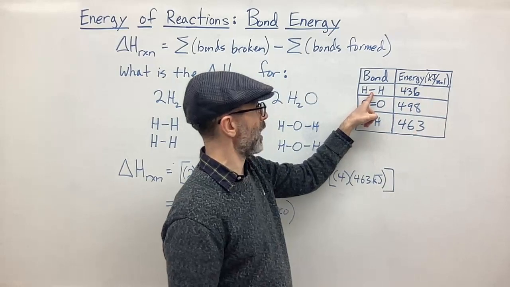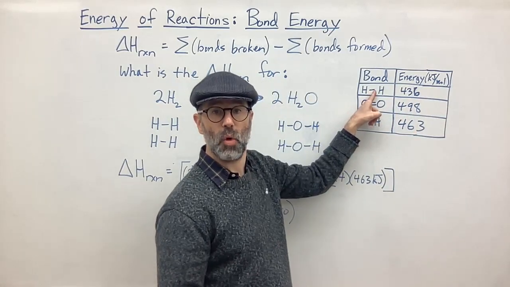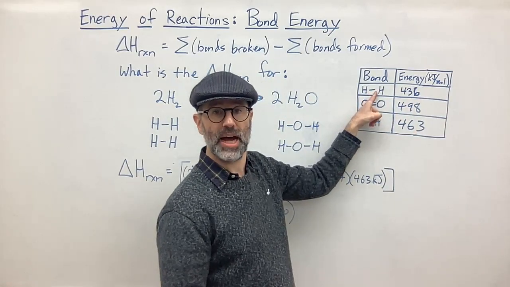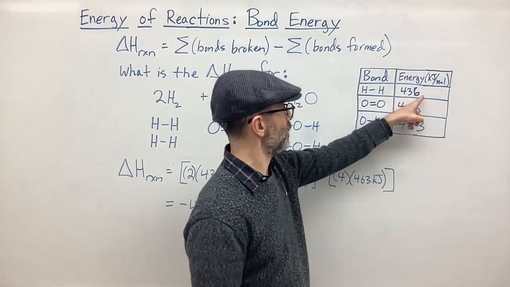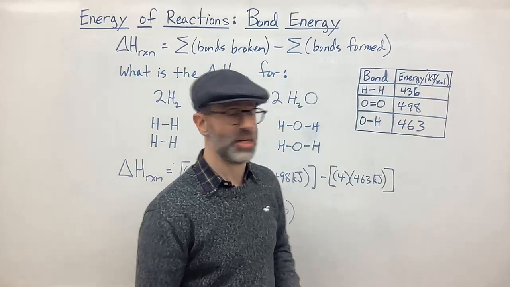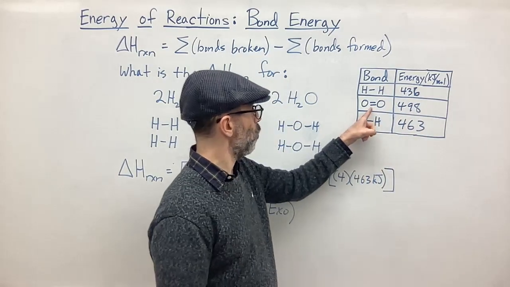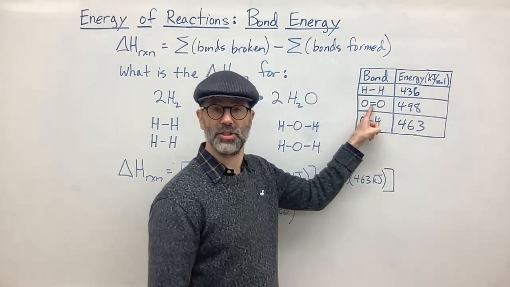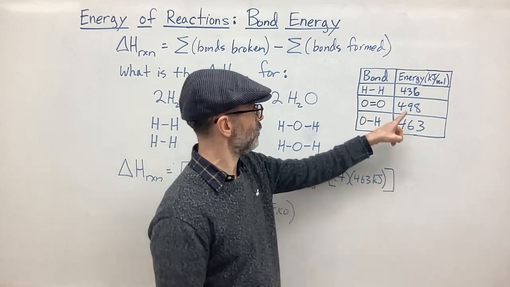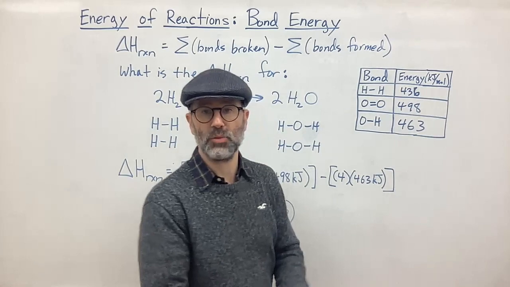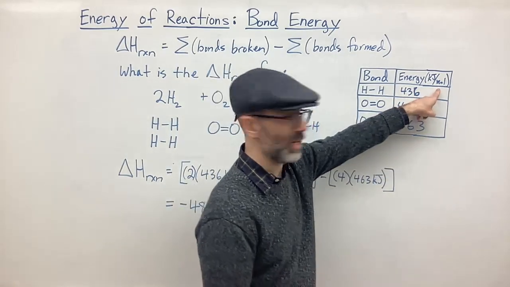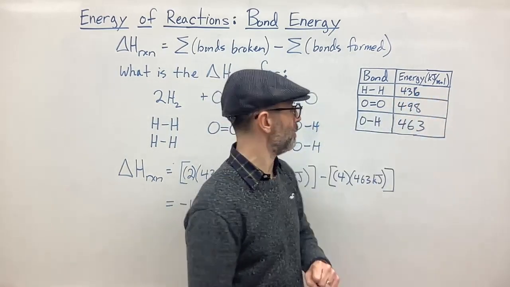So if I break one mole of hydrogen single bonds, that's going to require 436 kilojoules of energy. If I want to break 1 mole of oxygen double bonds, that's going to require 498 kilojoules of energy. That's what kilojoules per mole means, per mole of bonds broken.